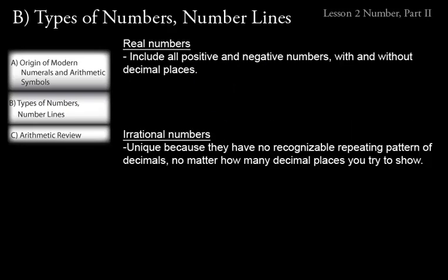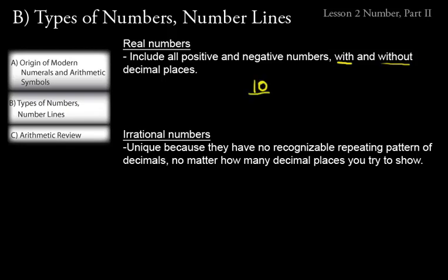Now let's look at two particular types of numbers here, real numbers and irrational numbers. Real numbers include all positive and negative numbers with and without decimal places. So we also have rational and irrational numbers. Rational numbers are numbers that you can write as a ratio of integers.